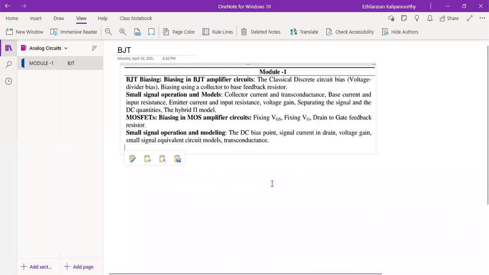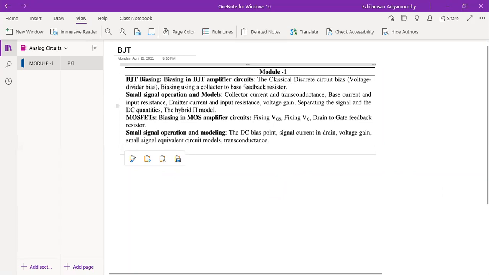Before that, you should know something about the BJT transistor. Then we need to know what is biasing, why we need biasing, and how the BJT acts as an amplifier. Then we go to different types of biasing. In that, we are going to study only 2 different types of biasing.